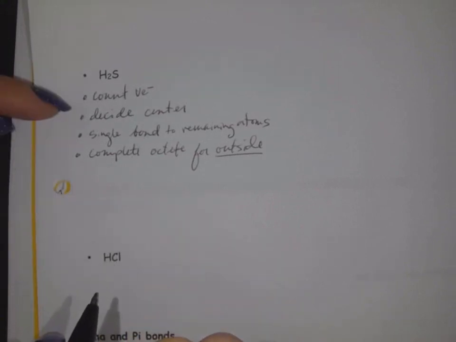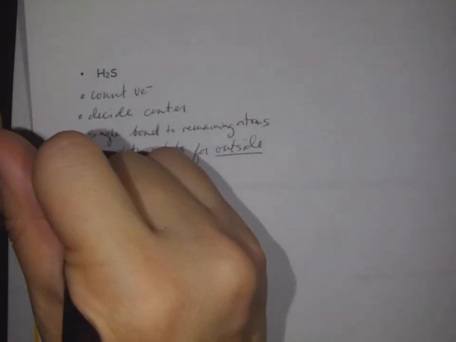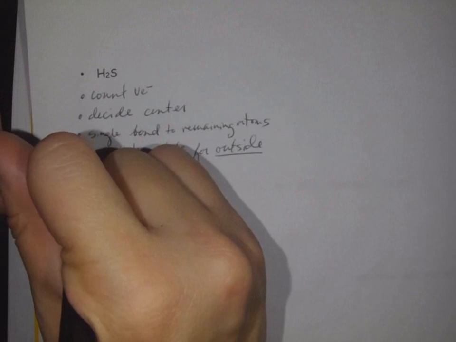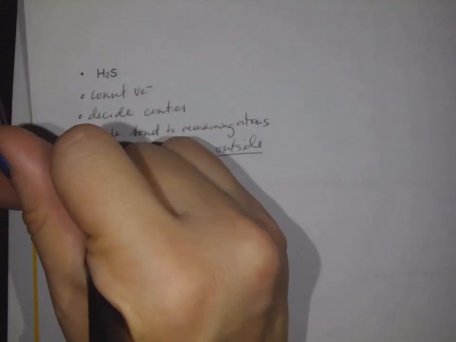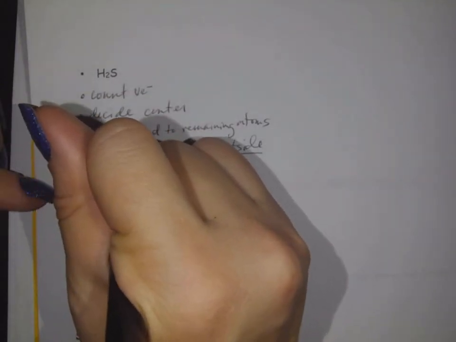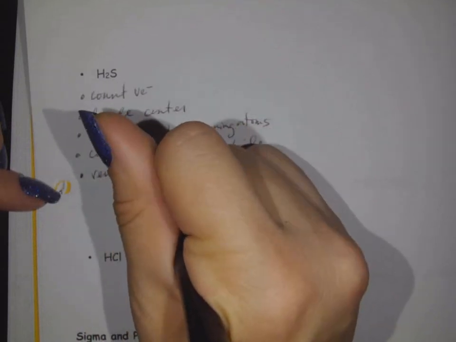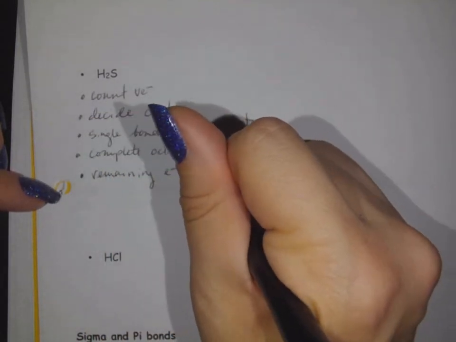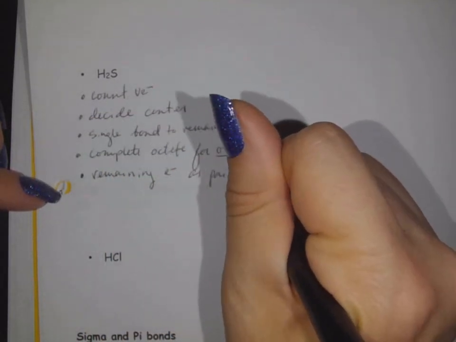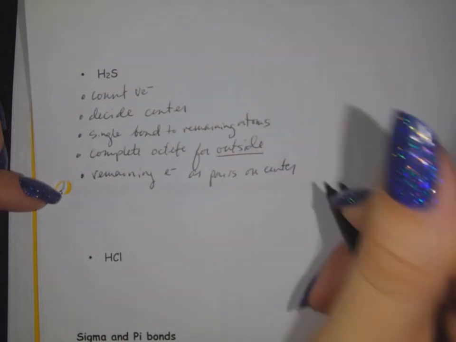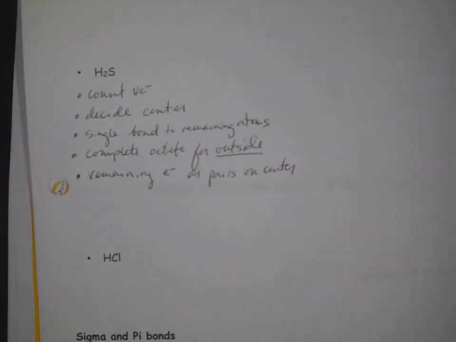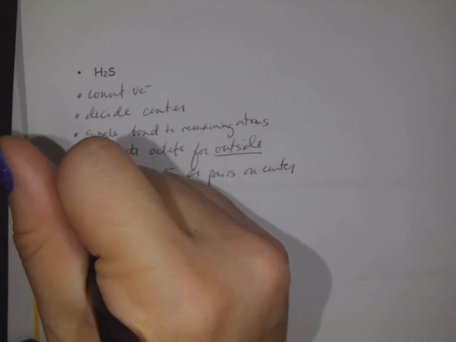And then the second to last step would be to put any remaining electrons as pairs on the center. And then the last step is double or triple bonds if needed.